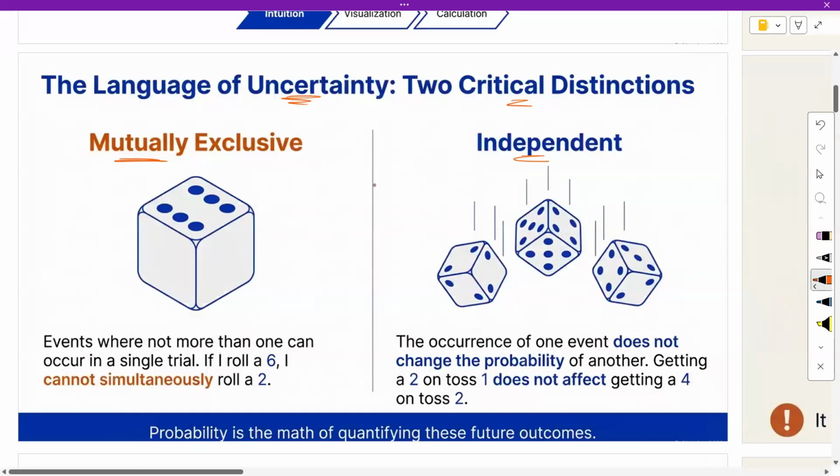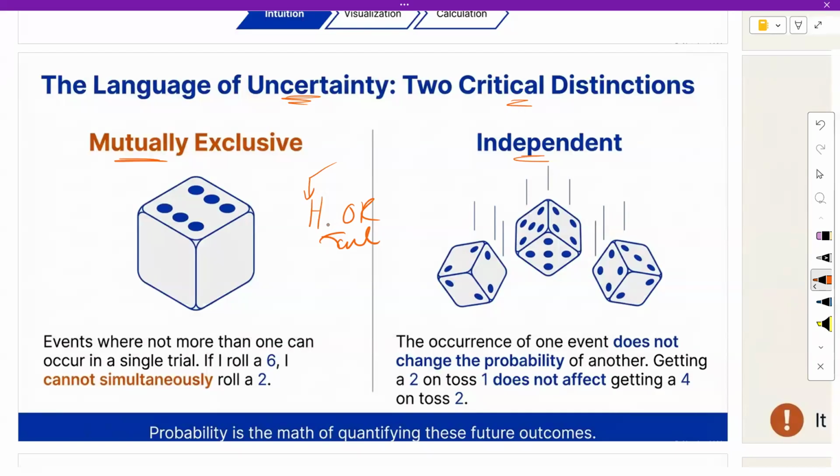Mutually exclusive means, say, when you toss a coin, at a time you can get head or tail. If you get head, you can't get tail. If you get tail, you can't get head.